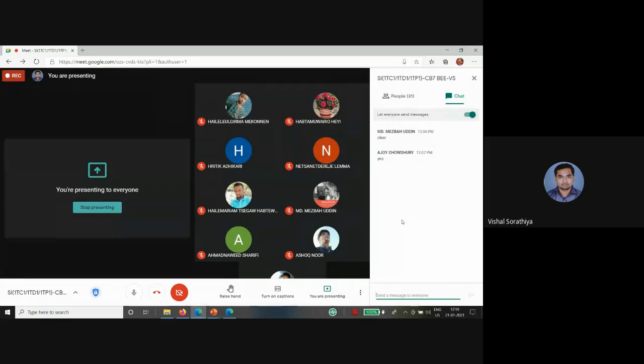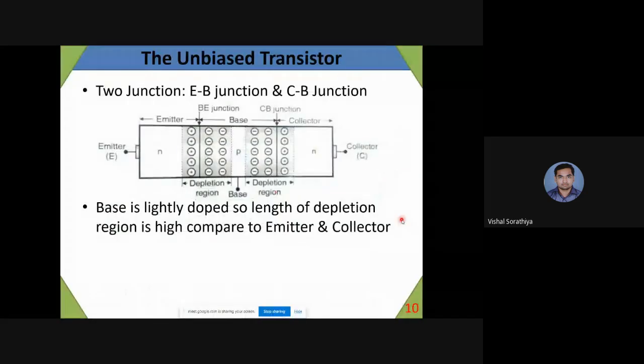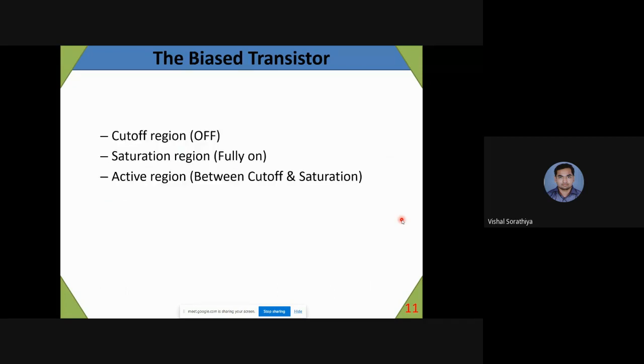If we are applying any power supply to these 3 terminals, then what conditions will happen, we need to discuss in this lecture. Depending on the power supply you apply on these 3 terminals, that is considered a biased transistor condition. Biasing simply means applying an external voltage to the source.